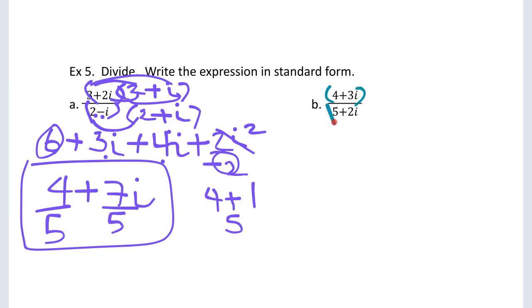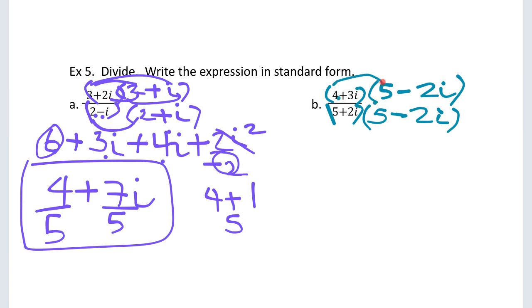Same on this one. 5 minus 2i as a conjugate. What you multiply the denominator by, you must also do to the numerator and then distribute. As we did in product, 4 times 5 is 20. 4 times negative 2i is negative 8i. 3i times 5 is 15i.